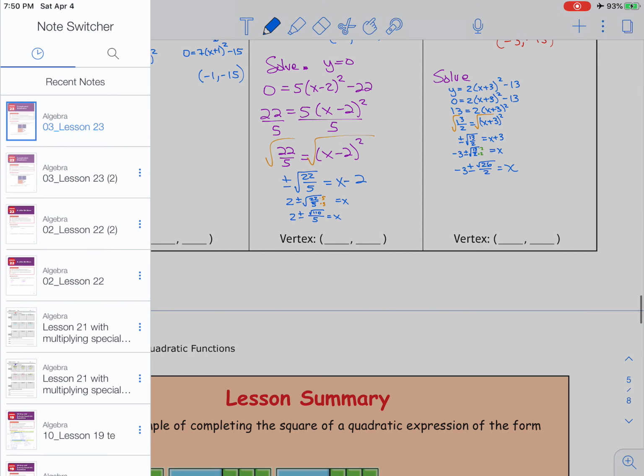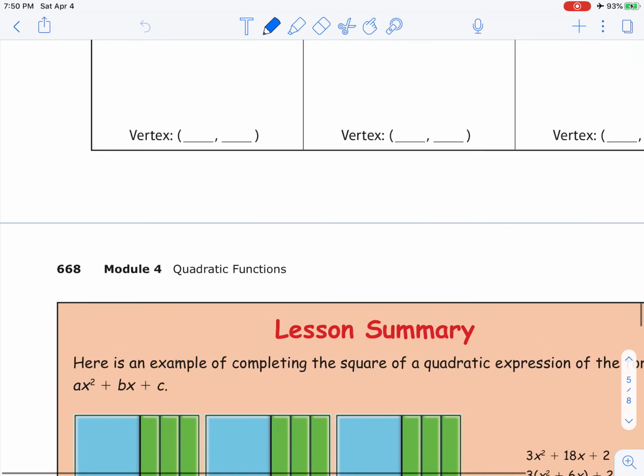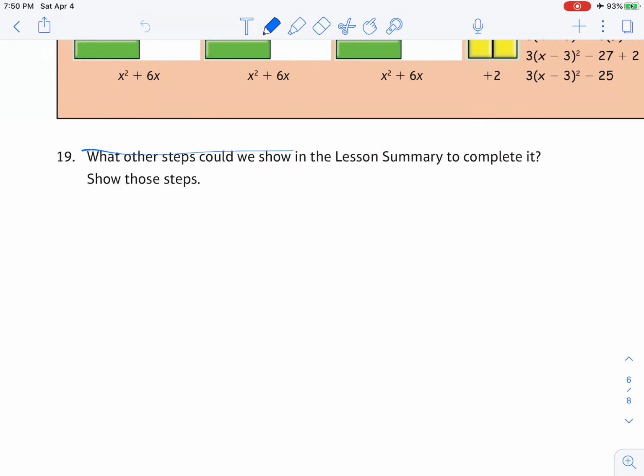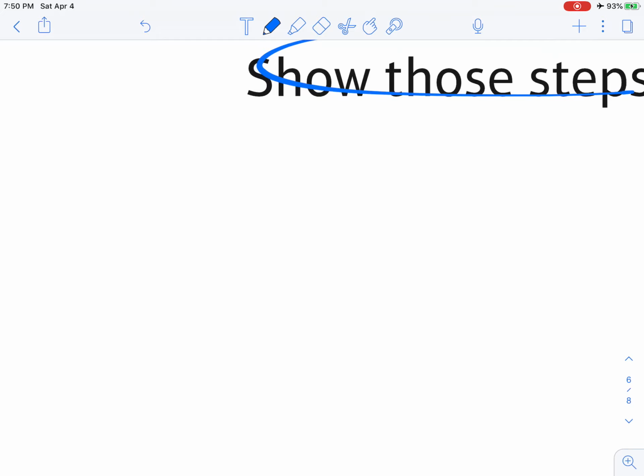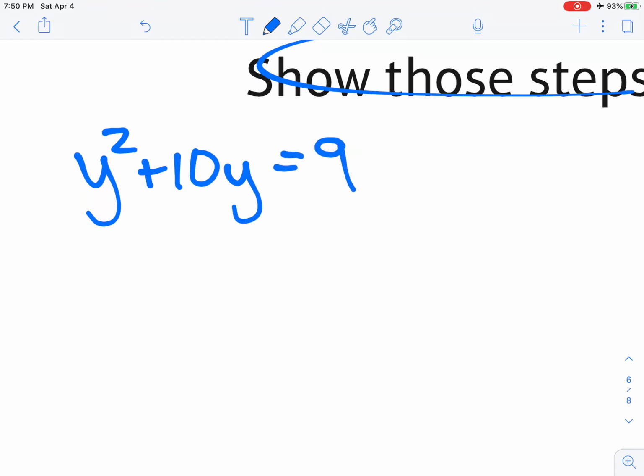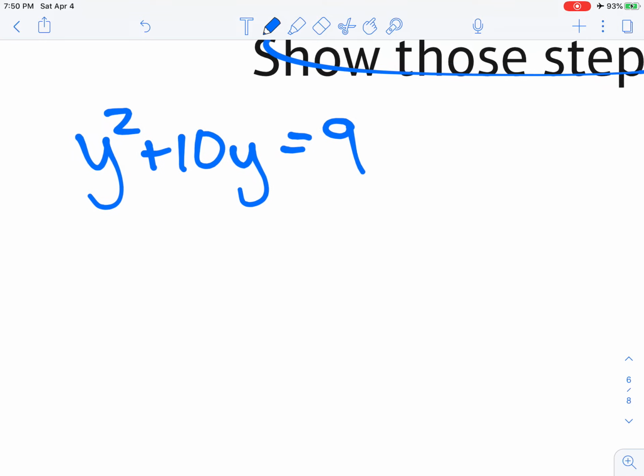Now, I actually want to show you, we're going to go to this page right here. We're not going to do this part. I want to come up with an equation for you. Let's see, y squared plus 10y equals 9. And we want to solve this.